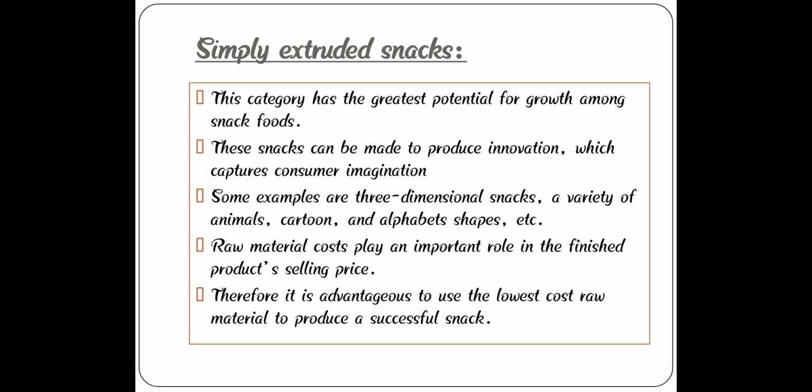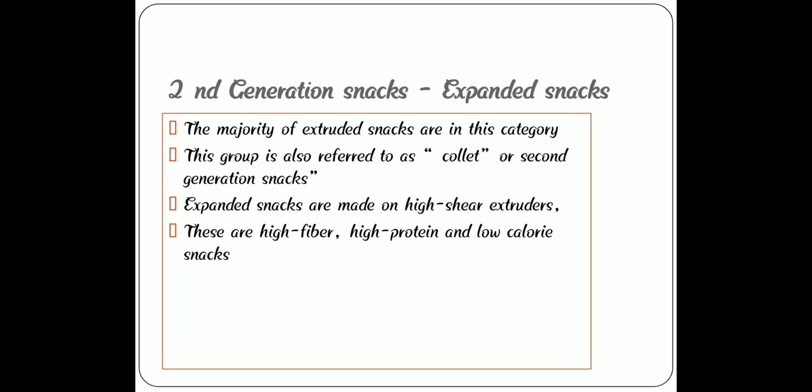Some examples are three-dimensional snacks, a variety of animals, cartoons, and alphabet snacks, and different types of shapes can also be prepared. The raw material cost plays an important role in the finished product's selling price. Therefore, it is advantageous to use the lowest cost raw material to produce successful snacks.